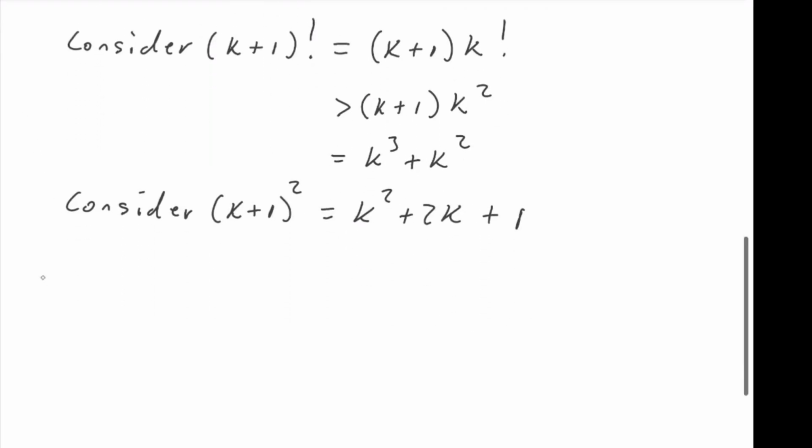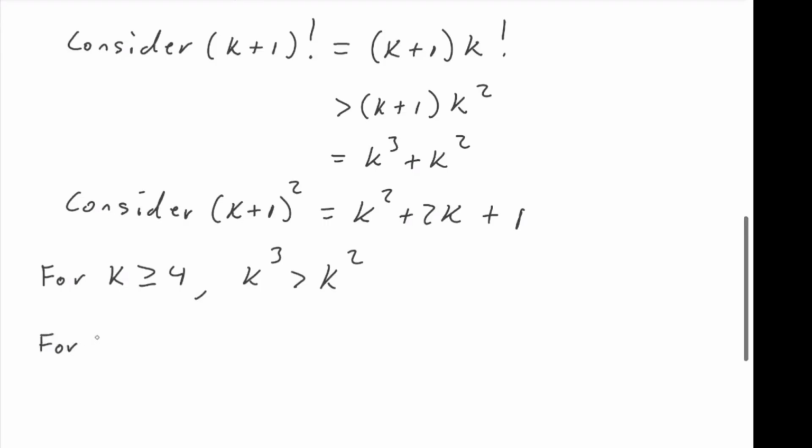Well, I can see for pretty much any positive integer, k cubed is going to be bigger than k squared, right? But for k bigger than or equal to 4, we know k cubed is always bigger than k squared, right? And this is more interesting.